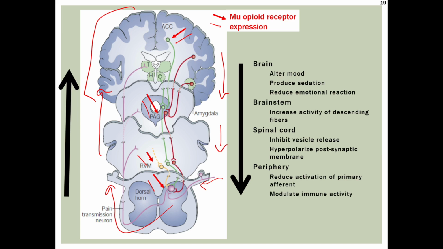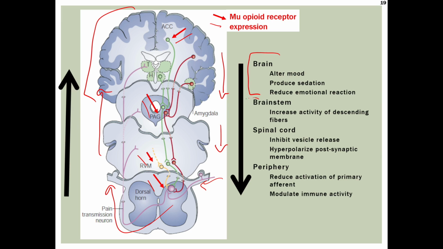pain signals. And so in the central nervous system, activation of the mu opioid receptor will alter mood and produce sedation and reduces the emotional reaction to pain by impacting central nervous system processing.